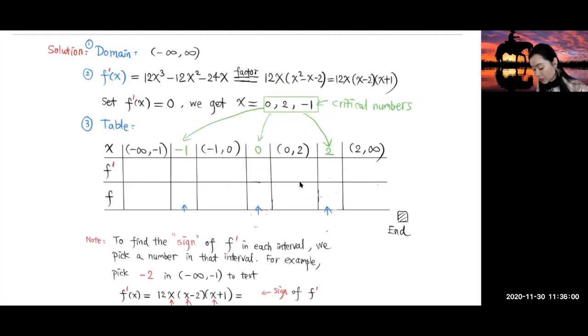You put the 3 critical numbers over here, and make a separate column for each one of them. Now you will use those 3 critical numbers to divide the whole domain.